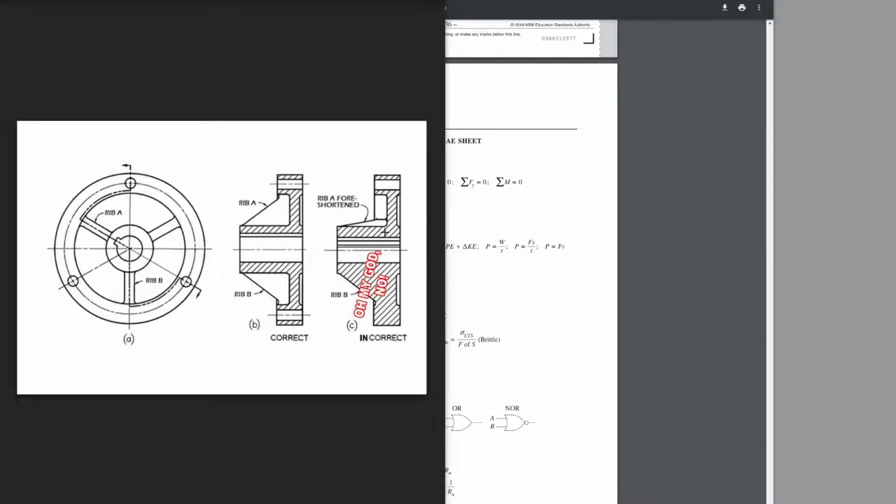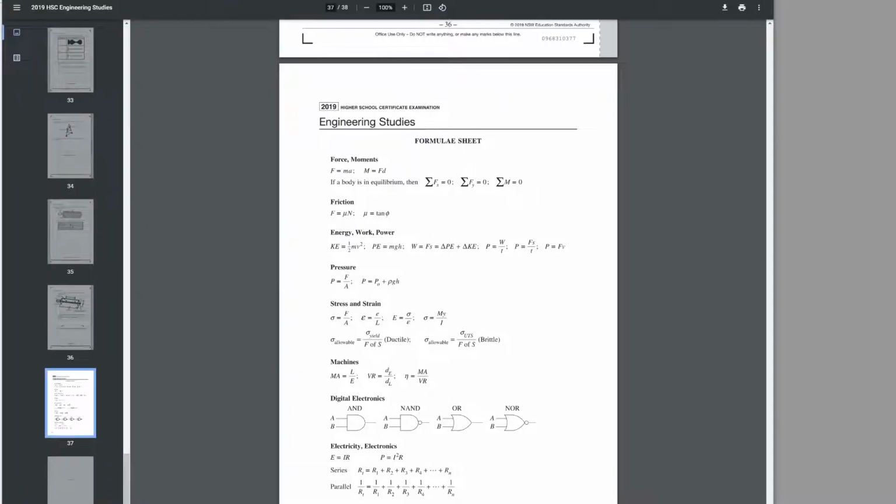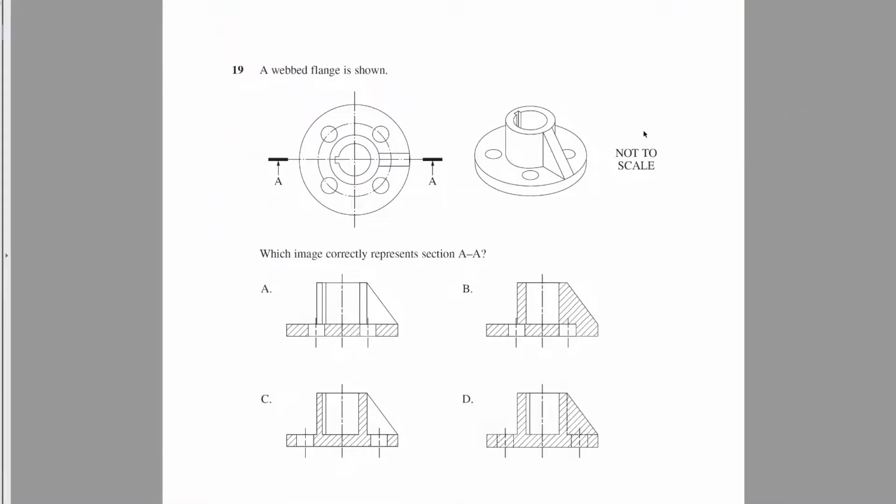We don't do this, and the reason for that is it's just way harder to draw and it's very confusing for the manufacturer. Remember that the manufacturer has access to the top view. They can see that things are radially spaced. We call this PCD, pitch circle diameter, or pitch circle radius. The idea is that even if they just show a sectional front view, just rotate all of the interesting stuff to be in line. So that is what we're doing.